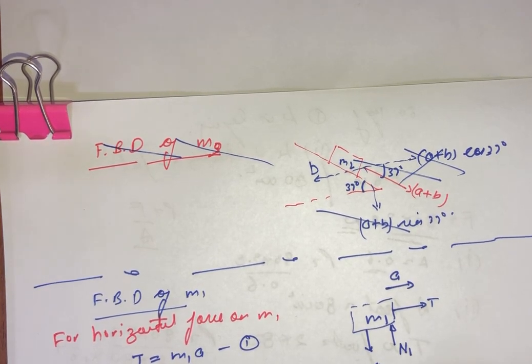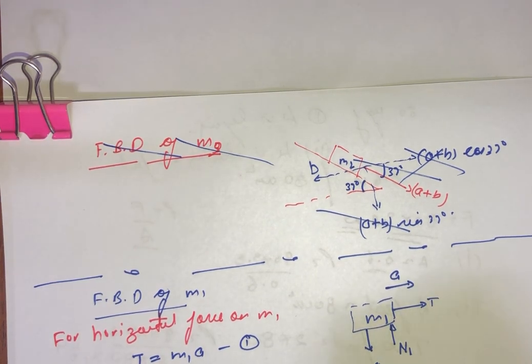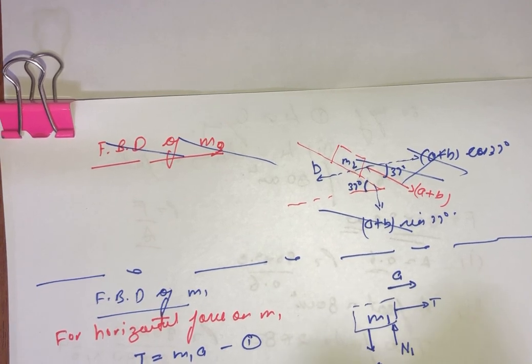So this is the wedge, and here it is a pulley which is connected to the string, the tension T, and we are going to have tension T in this direction.